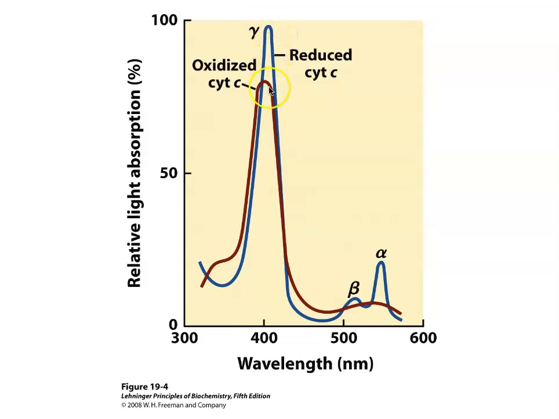You don't want to choose 400, which is the wavelength of the gamma peak, because at that wavelength both forms absorb at maximum intensity. But you will say, but there is a difference between them. Yes, indeed, there is a difference. But if you have 75 or 80% maximum absorbance for the oxidized and 100% maximum absorbance for the reduced, the difference is only 20%, but that's at maximum absorbance.